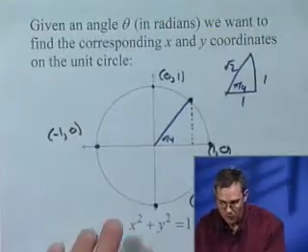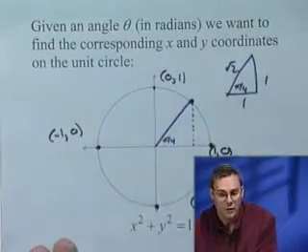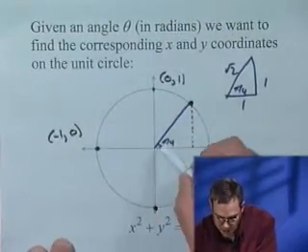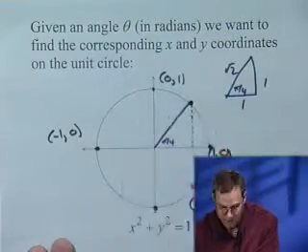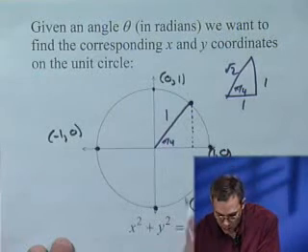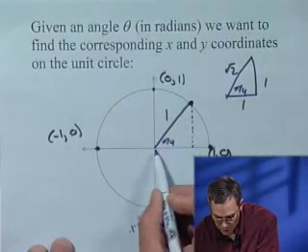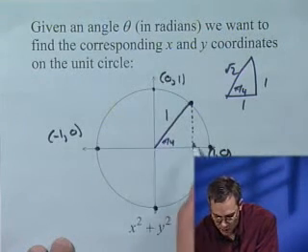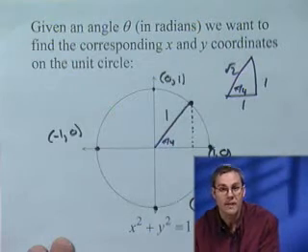Now, what side do I know? Well, I know that this is a unit circle, which means the radius is always 1 unit. Okay? So if that is 1, how are we going to find the x value, or this length? And how are we going to find the y value for that length?